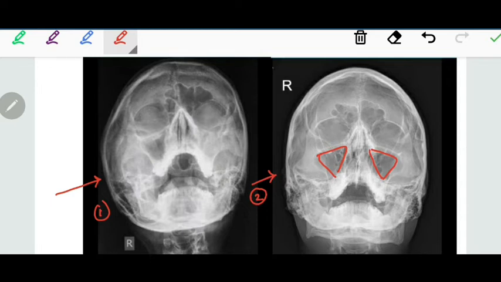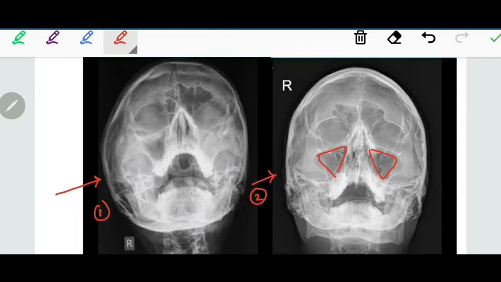You must know that in simple X-rays of the skull, the paranasal air sinuses, being air filled, show radiolucency or a black outline because of the presence of air. But a diseased paranasal sinus will show varying degrees of opacity or whitishness.